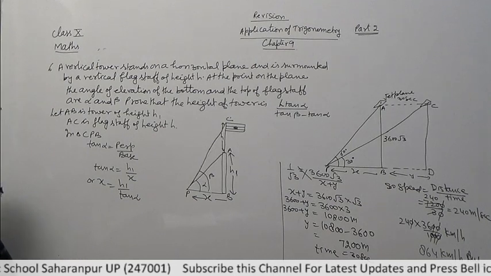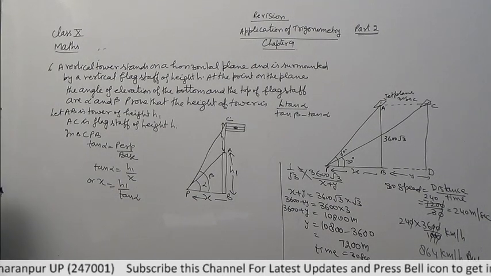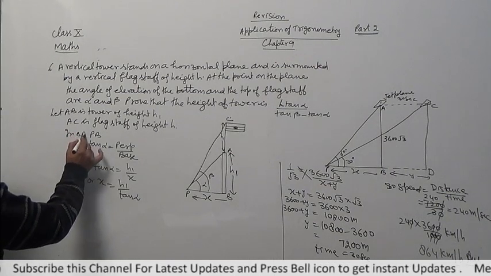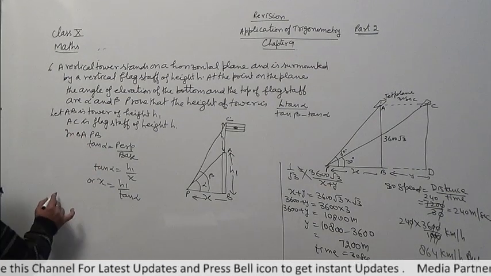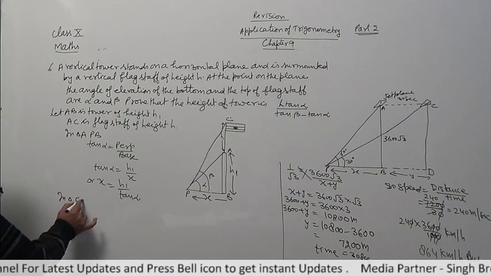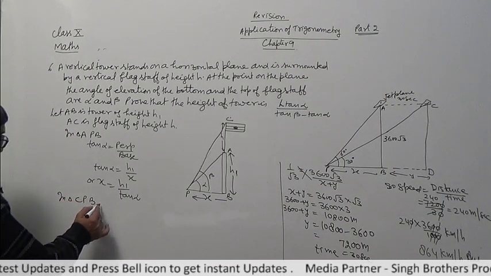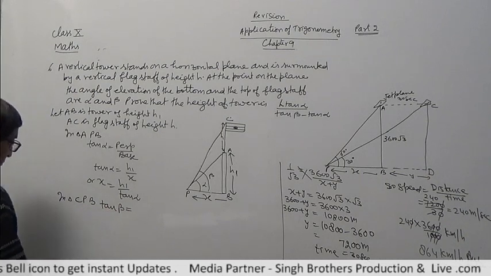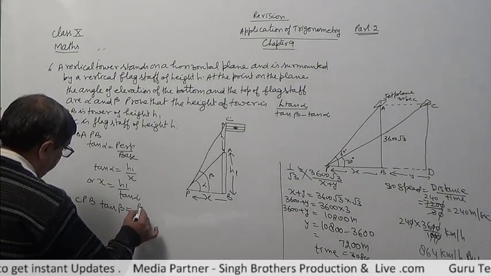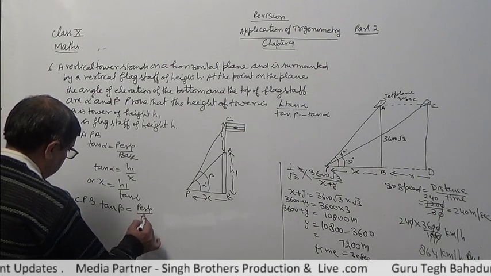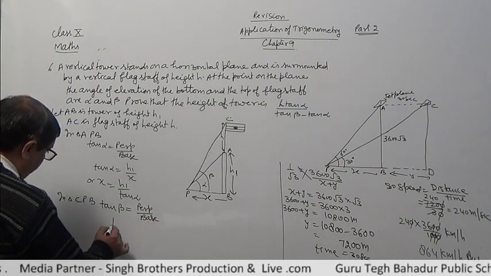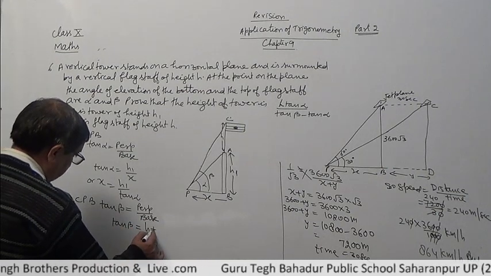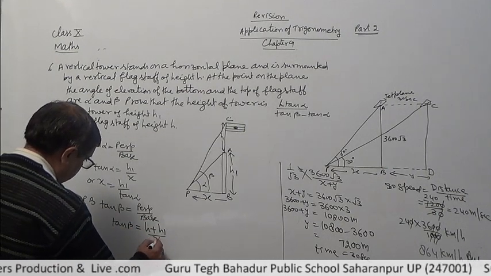Now in triangle CPB, tan beta is equal to perpendicular upon base, tan beta is equal to h plus h1 upon x.